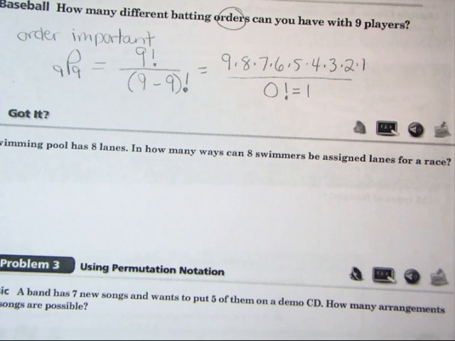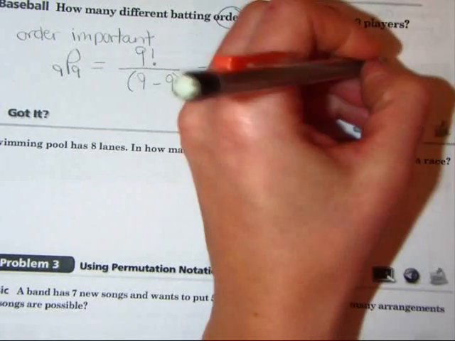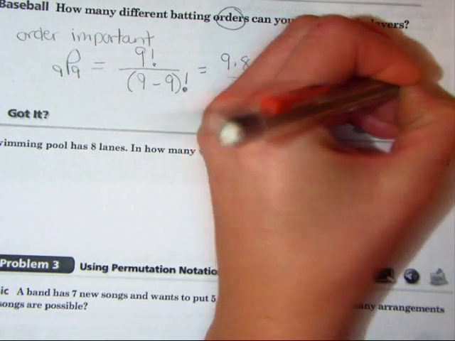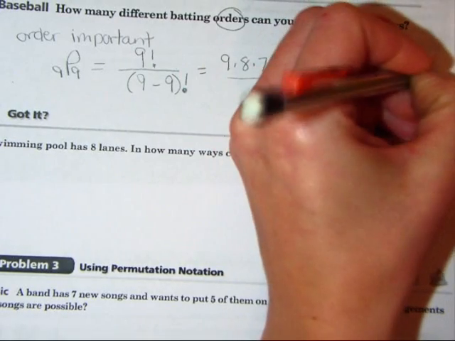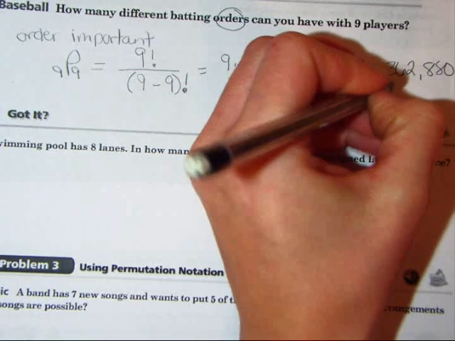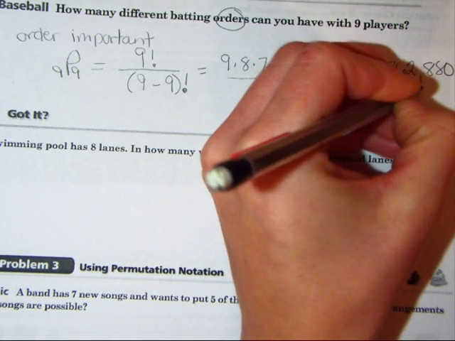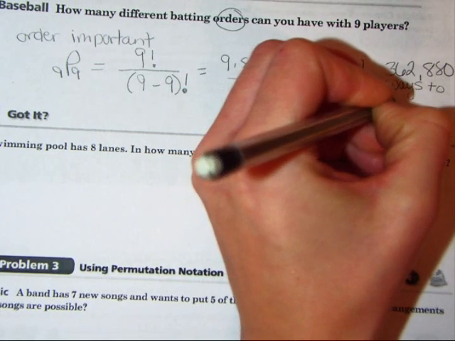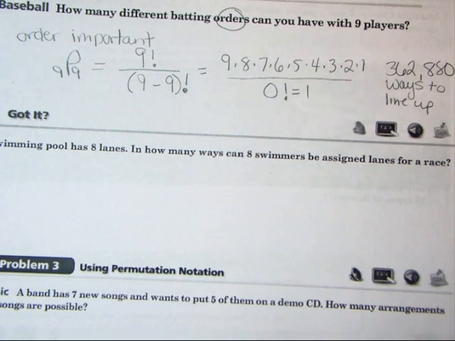That equals, if you can believe it, 362,880 different ways that the coach can line them up. A very, very large number, considering we only had 9 people to do this with, isn't it?